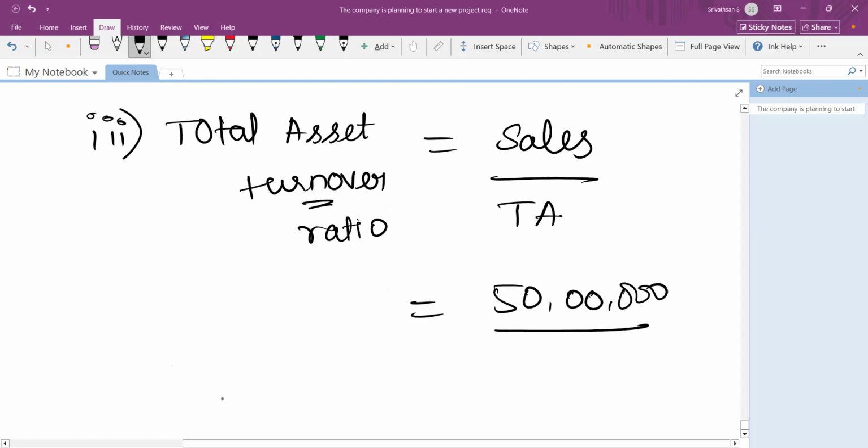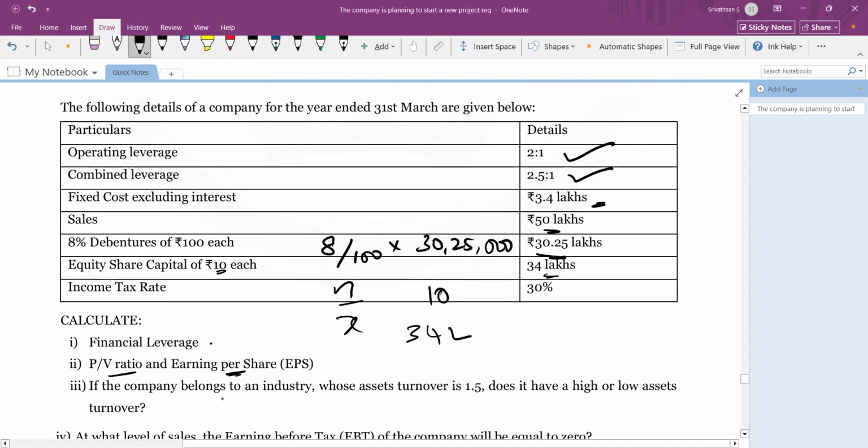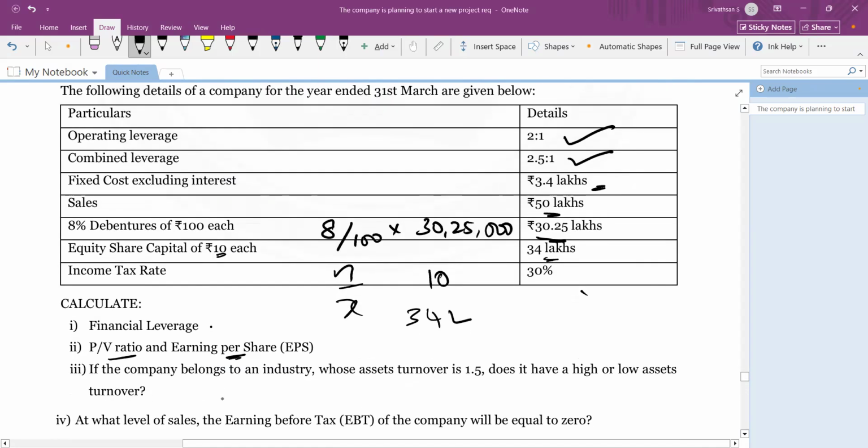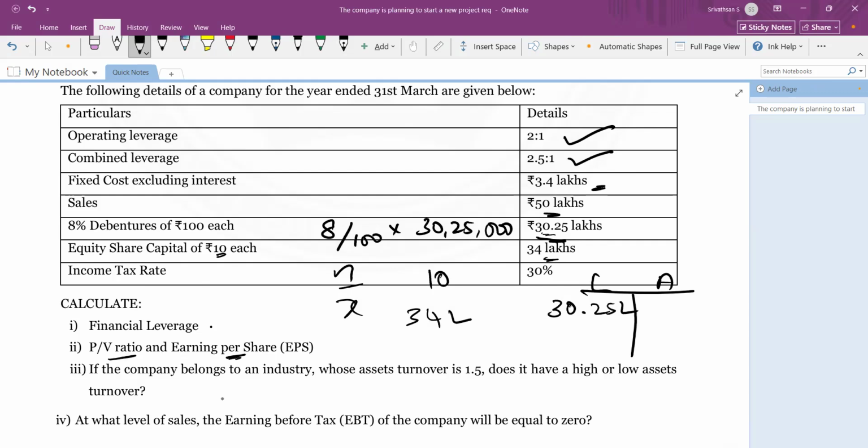What is the total asset of the company? The total asset is not directly given in the question, but still we can calculate it. In the balance sheet, we have liability and asset side. On the liability side, we will have 8% debenture of 30.25 lakhs, and the company has also raised an equity share capital of 34 lakhs, assuming there is no current liability in this company. So the total liability side is 30.25 plus 34 lakh, we get 64.25 lakhs.